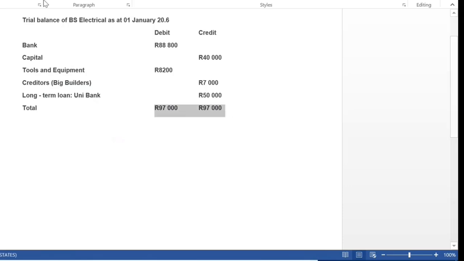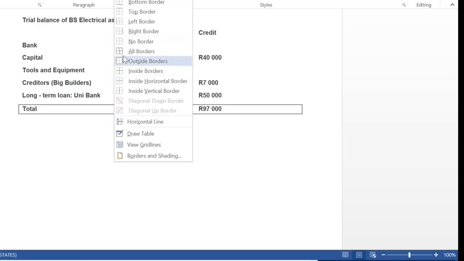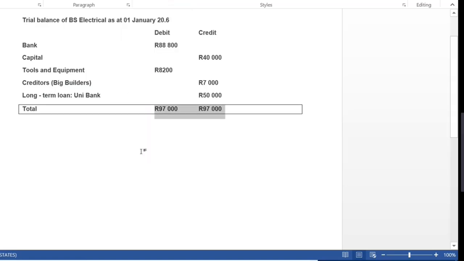Yes. So basically, before you do your financial statements, before you do the statement of financial position, you should be looking at the trial balance and taking the figures from it.